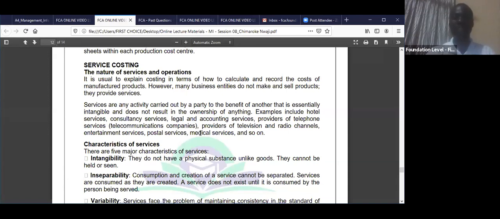We provide services. Services are any activity carried out by one party for the benefit of another that is essentially intangible and does not result in the ownership of anything. So we are giving you an intangible service. This lecture is an intangible thing and nobody owns anything.